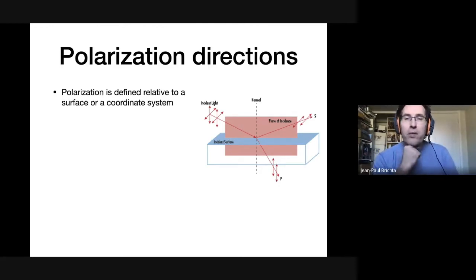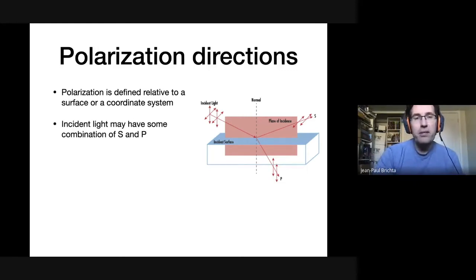But you can also notice that if it's a transparent surface, like water or glass, then some of the light will reflect, but some of the light will also transmit. The light which is reflected off, we call S polarized light.